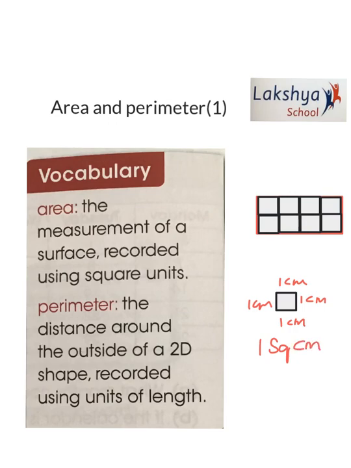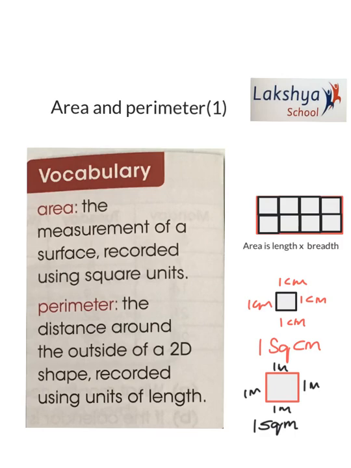If the same thing is 1 meter, then it is said to be 1 square meter. So the units to measure the area are square centimeter or square meter.